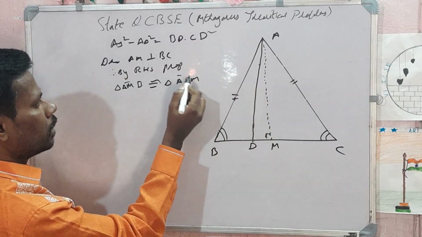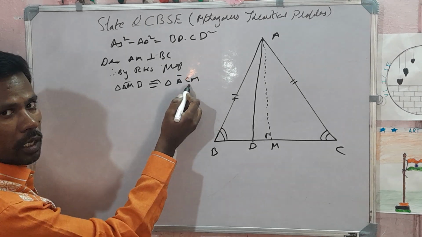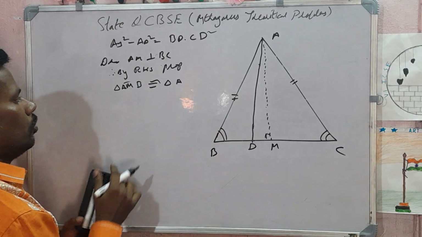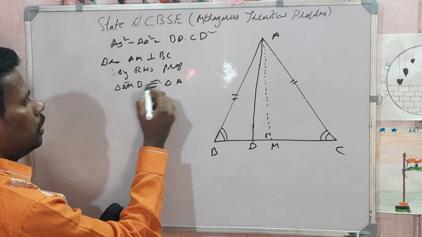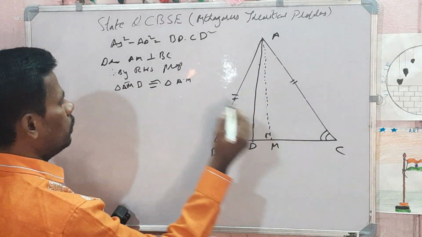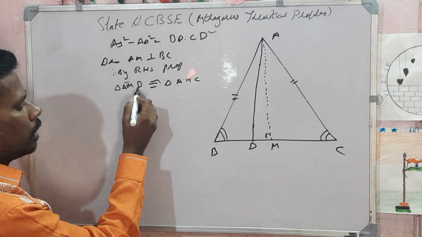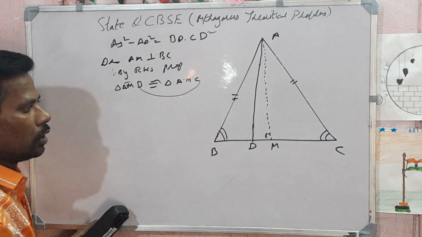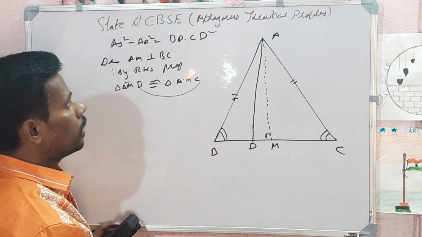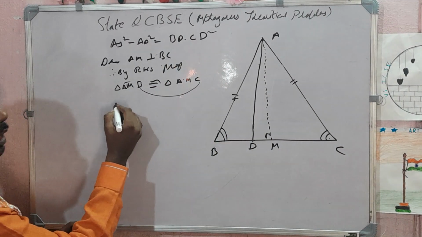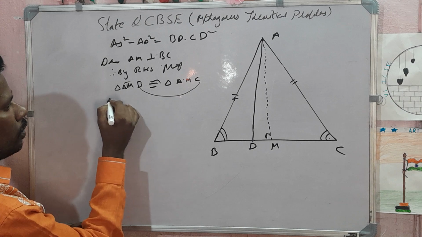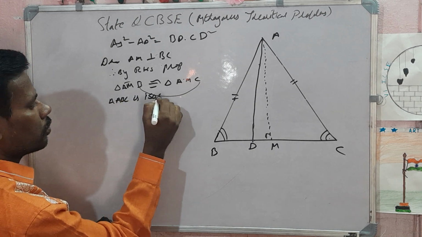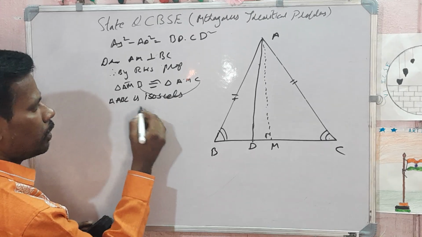AM, first letters, and AC, they are not coinciding, so what you are writing is wrong. What I am saying is AMB is congruent to AMC. Now see whether they are coinciding on letters B and C. Yes, because triangle ABC is isosceles, and isosceles means base angles are equal.